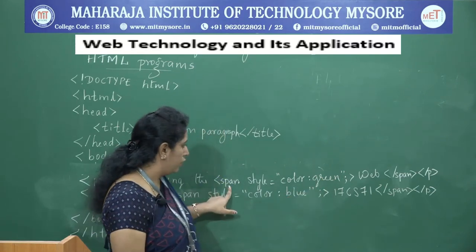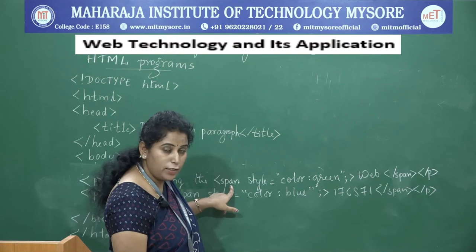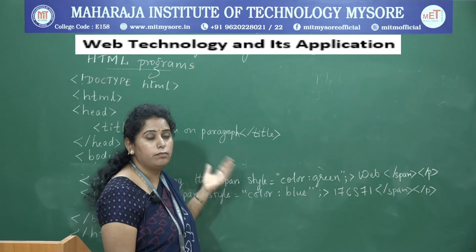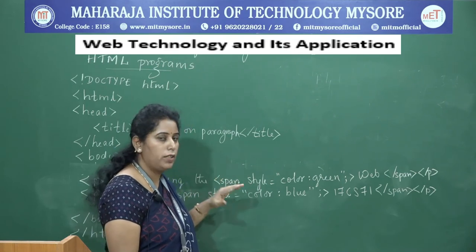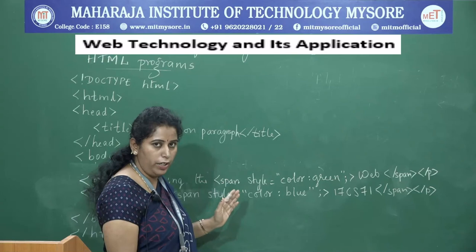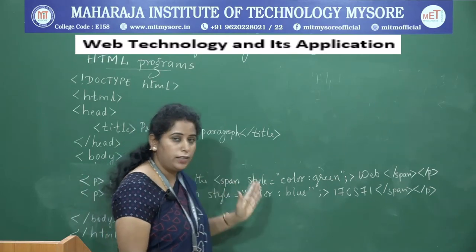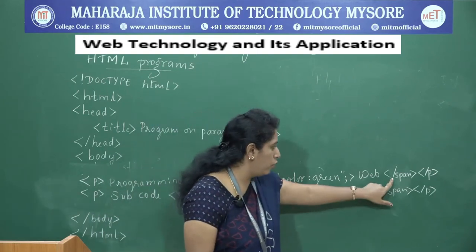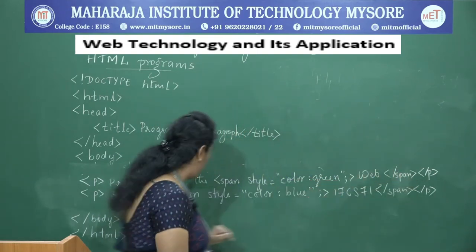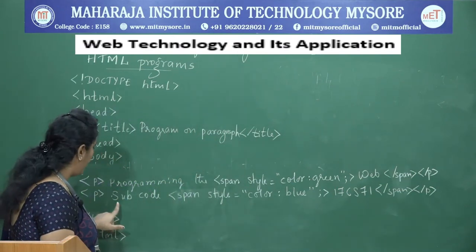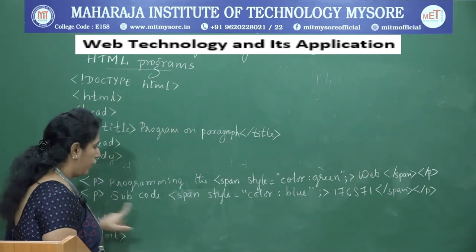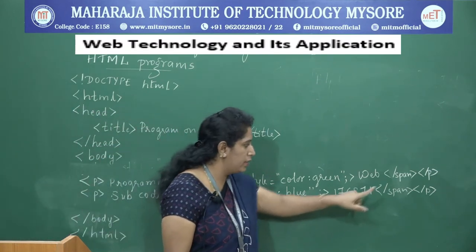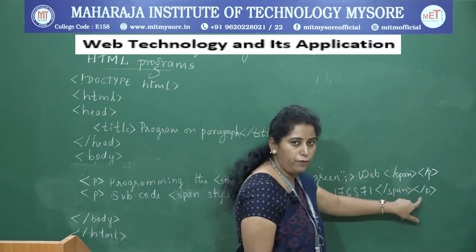After that you can notice the span tag is used for the text which should not start on a new line, because its functionality works like that. Then the open span tag should be closed and also the paragraph tag should be closed. Likewise for the second line, subject code, then span, the color I am assigning is blue, and the content is this; close the span, close the paragraph tag.